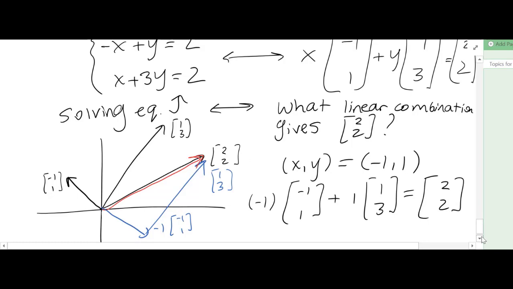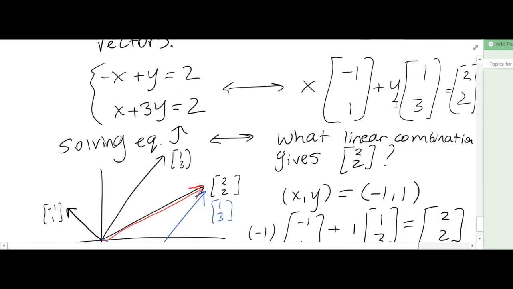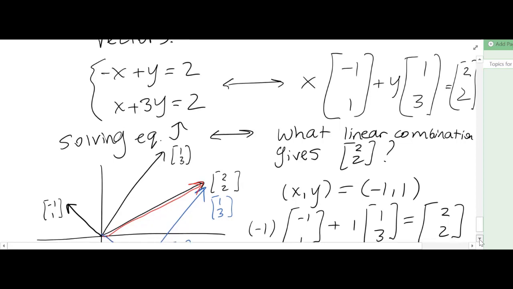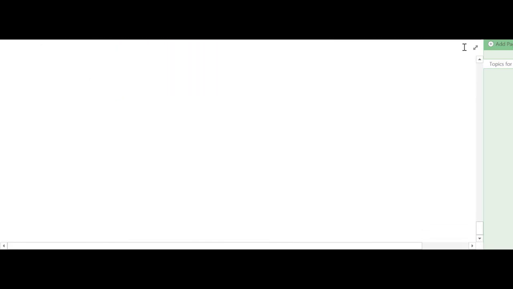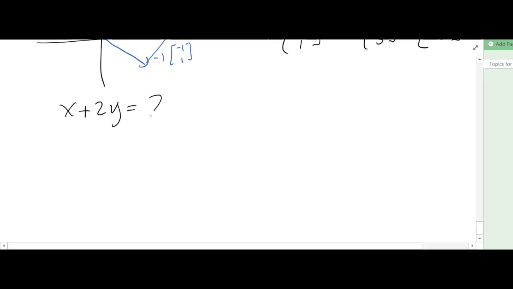So in this example, the two columns that we had, they weren't parallel vectors, right? So that's why we had the two lines not being parallel, the lines intersected. There are some other situations though. For example, what if you had this equation, x plus 2y equals 2, and 2x plus 4y equals 8.